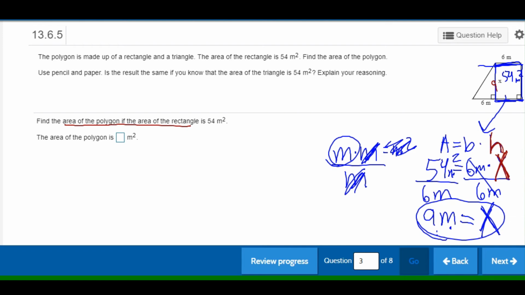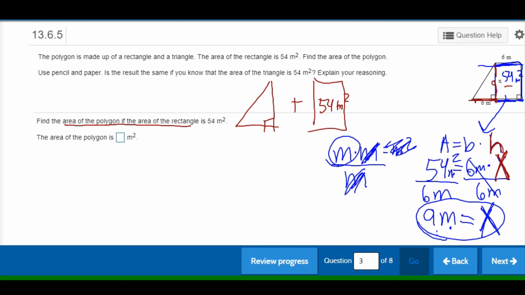So now if we look here, we know that the height is 9 meters, the base is 6 meters. So we need to find the area of this triangle and add it to 54. So if we decompose it, we need the area of the triangle plus the area of the rectangle, which we already know is 54 meters squared. And then we need to find the area of the triangle.